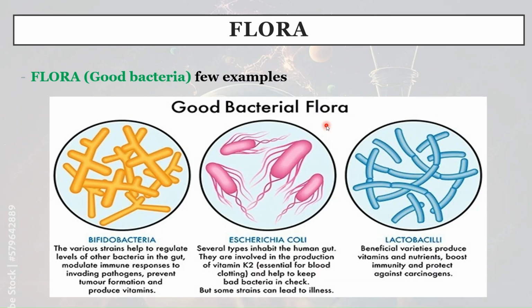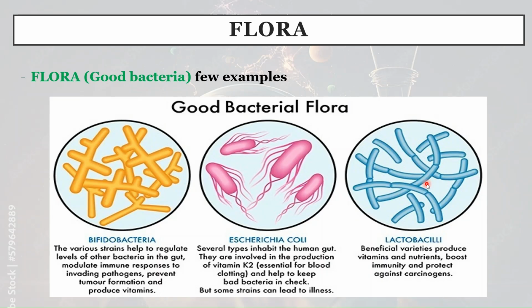Here I provided some examples. Bifidobacterium looks this way, E. coli looks this way, and lactobacillus looks this way. See, the name of the bacteria remains the same, only the work will differ. If they do good work, then it is called good bacteria, and if it does bad work, then it is called bad bacteria.